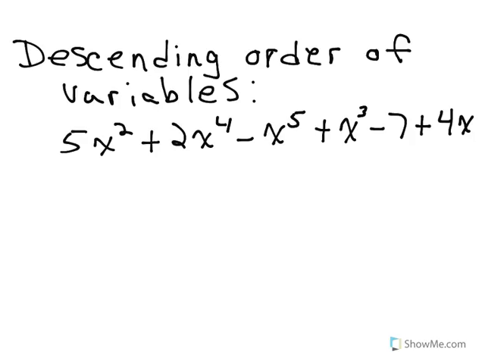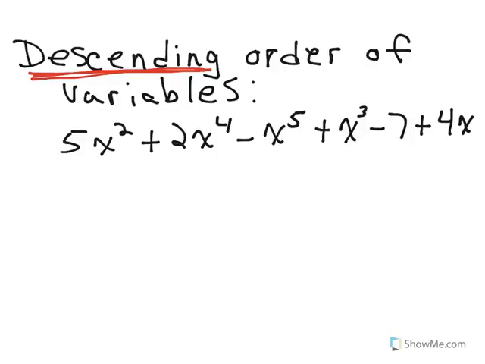When we write polynomials, we write them in descending order of the variables, or in other words, of the exponents of the variables. Descending order means from largest to smallest.